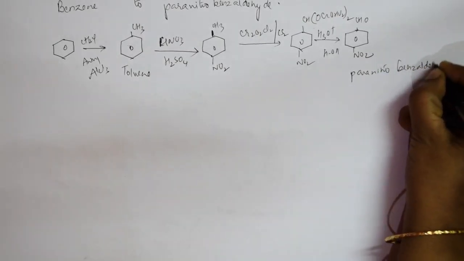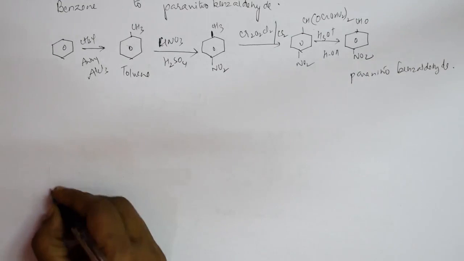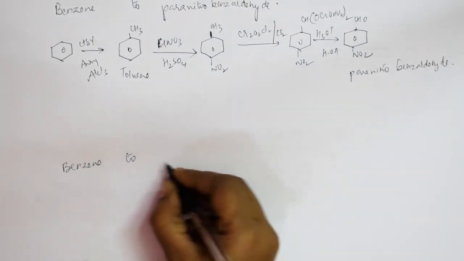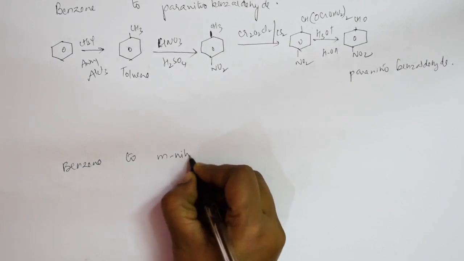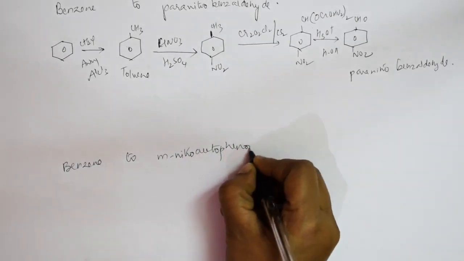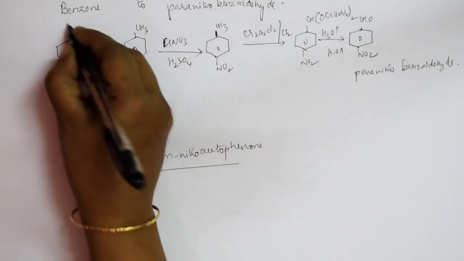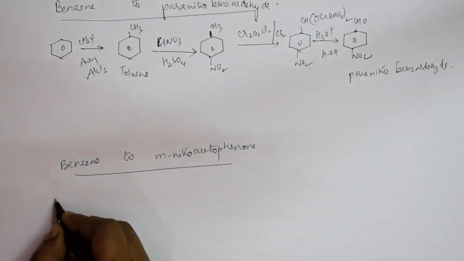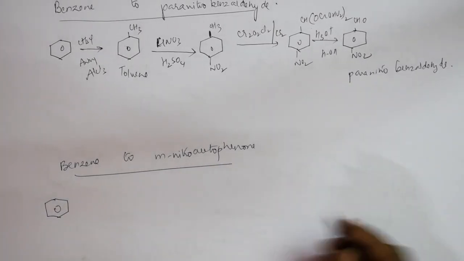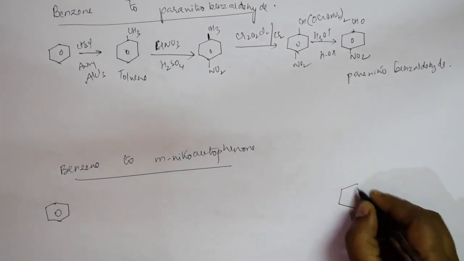Let us finish the last type of conversion with benzene. Here they've given me benzene to meta-nitroacetophenone. Okay, why such a big name? I have to remember acetophenone. So how to do this? First, try to write benzene. Meta-nitroacetophenone, let us write the name of that.